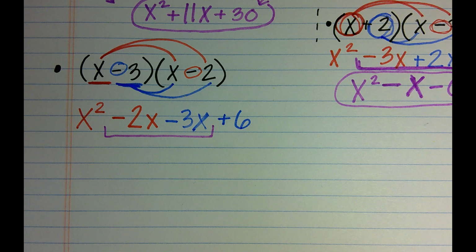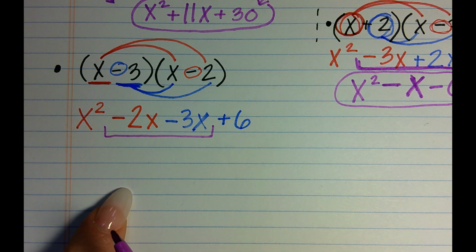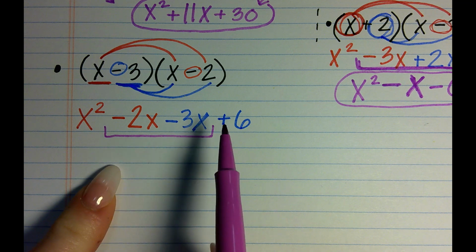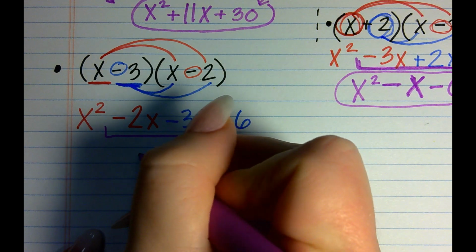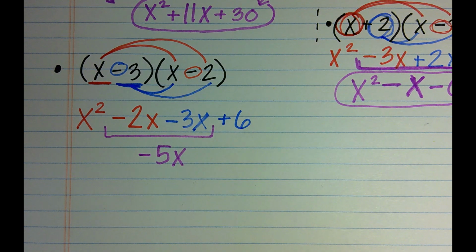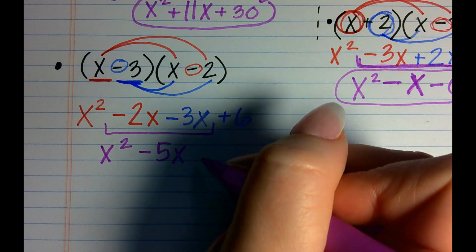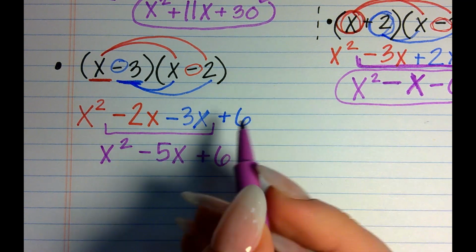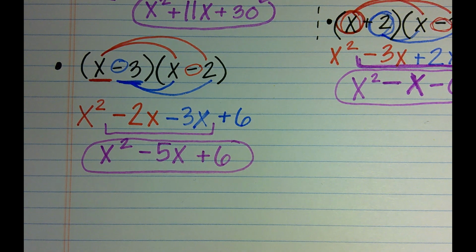It's basically like negative 2 plus negative 3. And then we bring everything down like we've been doing: x squared minus 5x plus 6. And that would be our answer.